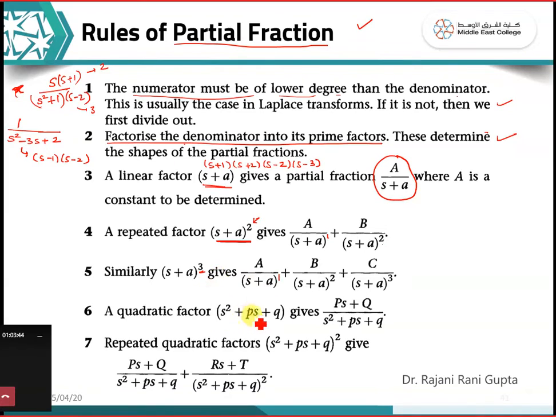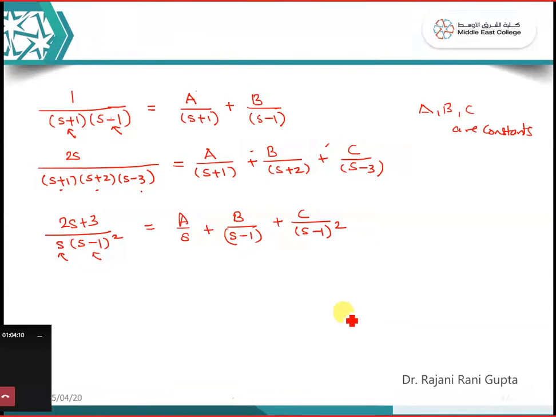Now, the next rule says that if you are getting a quadratic factor which it is not possible to factorize like this, like suppose if you get s squared plus 2, you cannot factorize it into a product of two terms. In this case, you will be writing two constants in the numerator with s with one of them. For example, if you have 3 over (s plus 1)(s squared plus 3), you cannot factorize s squared plus 3.